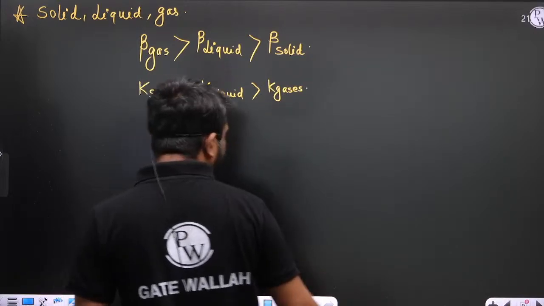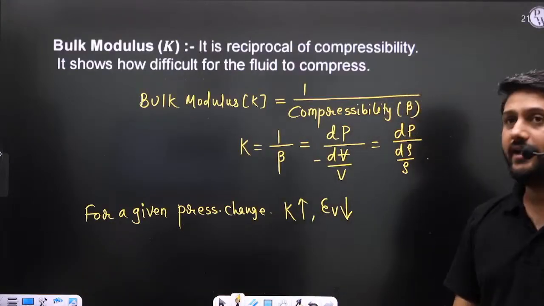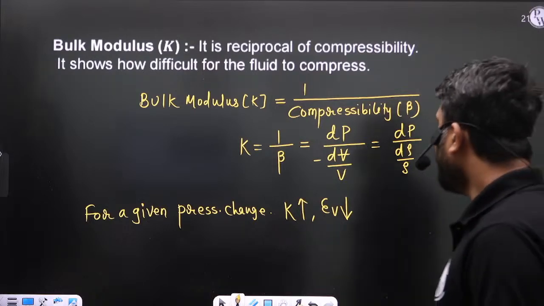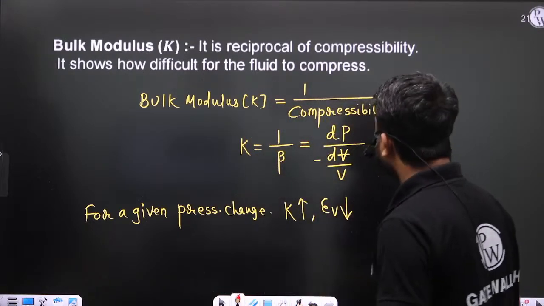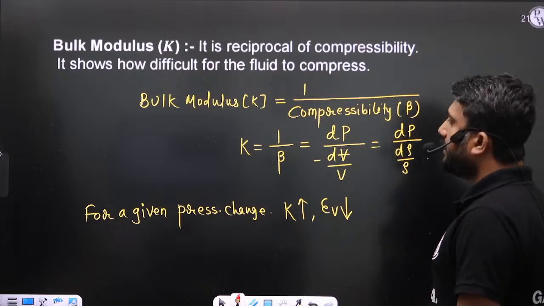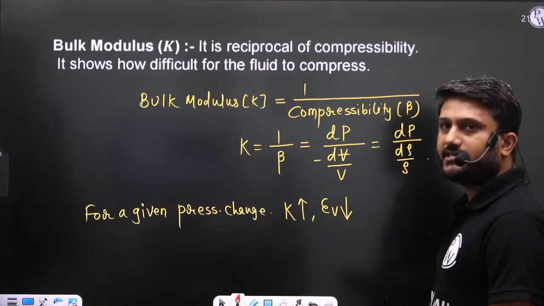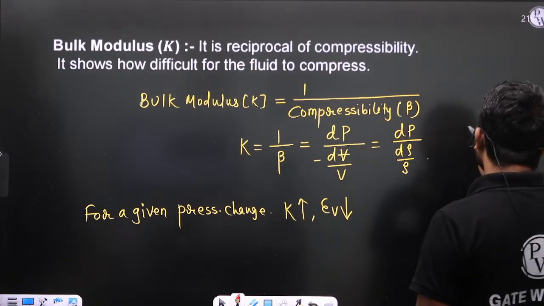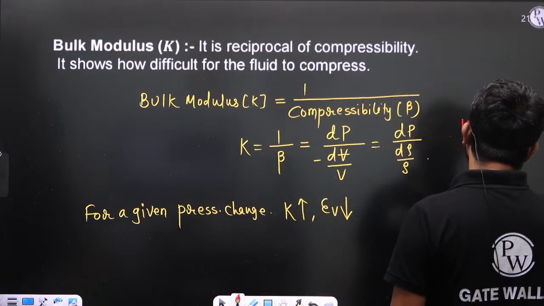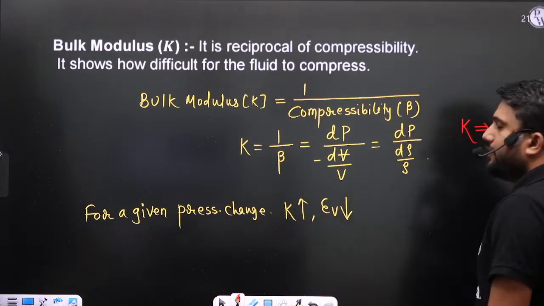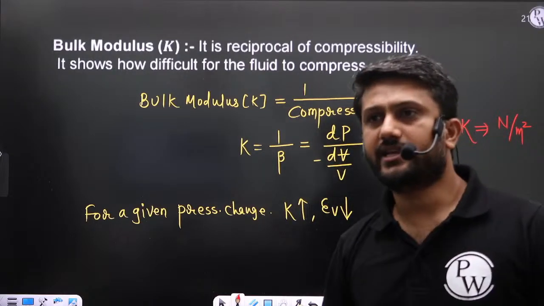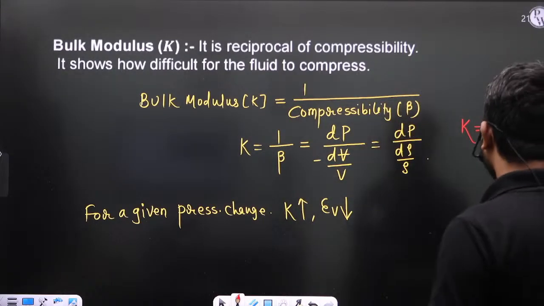And what is the unit of K? dV by V is the volumetric strain, which is unitless. So the unit of K is Newton per meter square, or you can say Pascal.